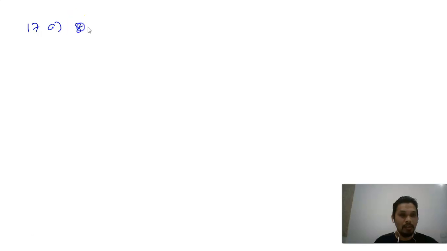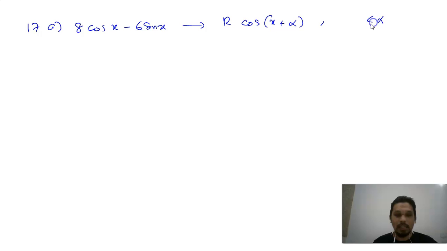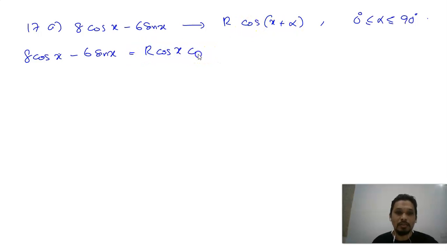Question 17a, 8 cos x minus 6 sine x, and we'll express in the form of r cos x plus alpha, where alpha lies in between 0 up to 90 degree. 8 cos x minus 6 sine x equal to, expansion of this, r cos x cos alpha minus r sine x sine alpha.